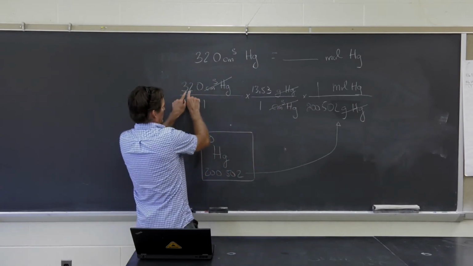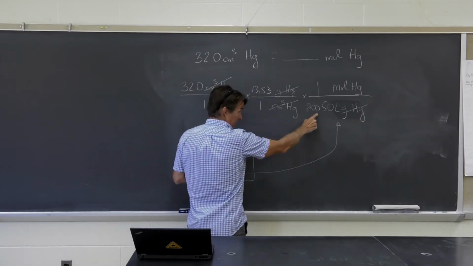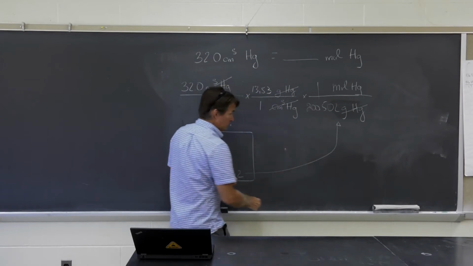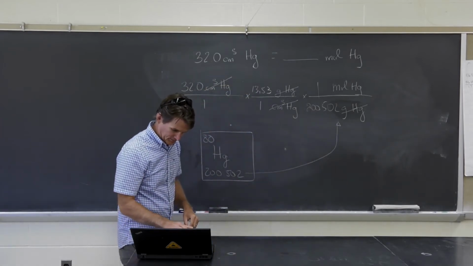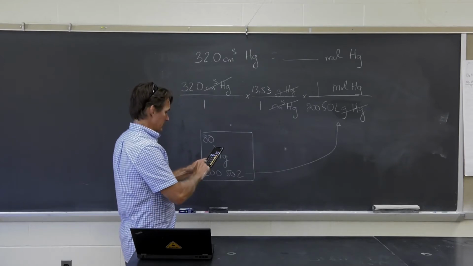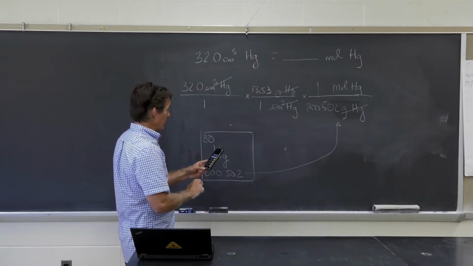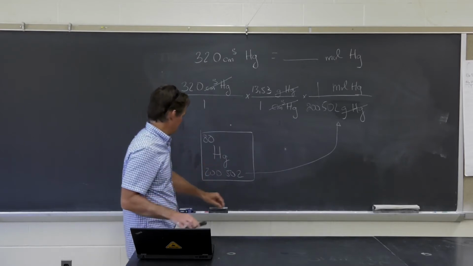In this case, I'm going to take 32, multiply by 13.53, and divide whatever that is by 200.502. Let's see what that comes out to. 32 times 13.53, divided by 200.502, is 2.16.